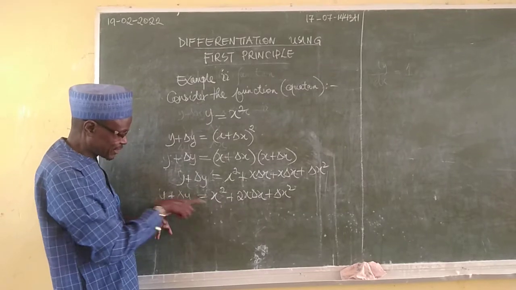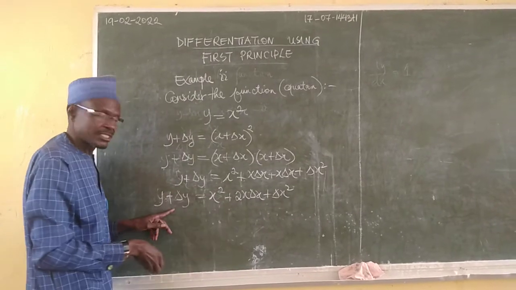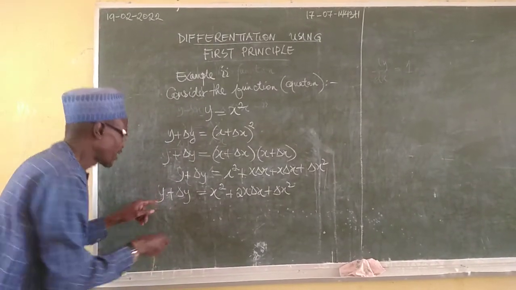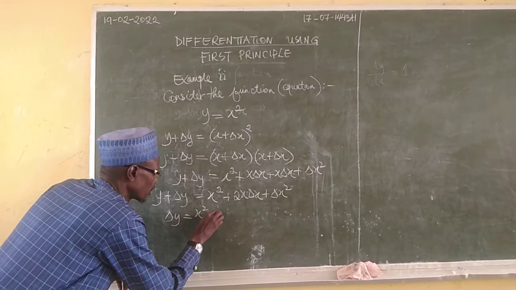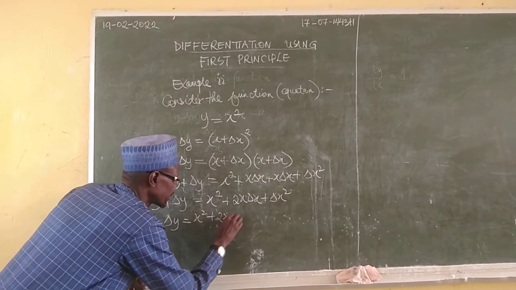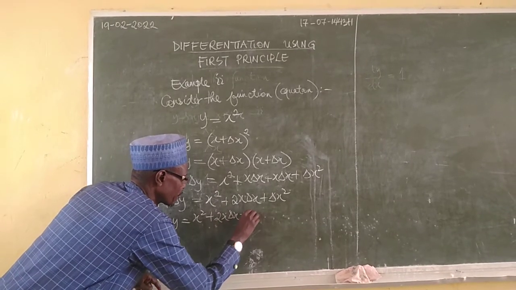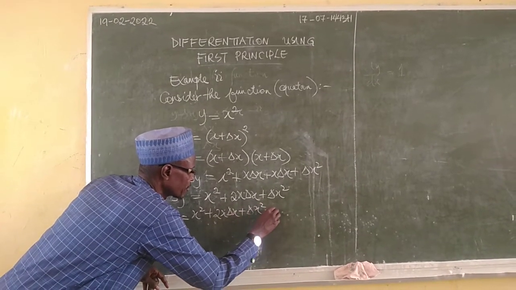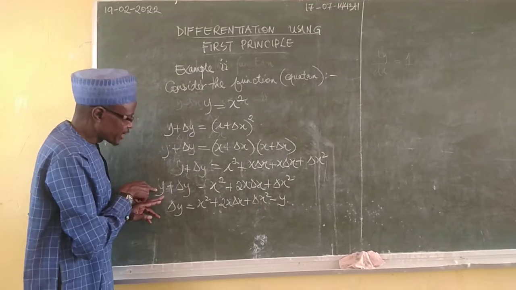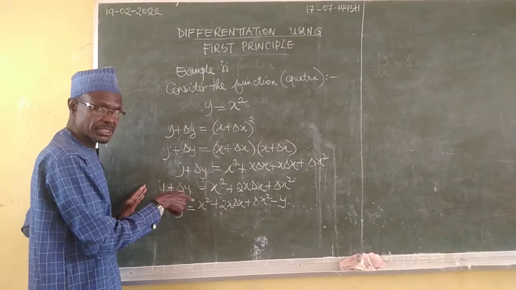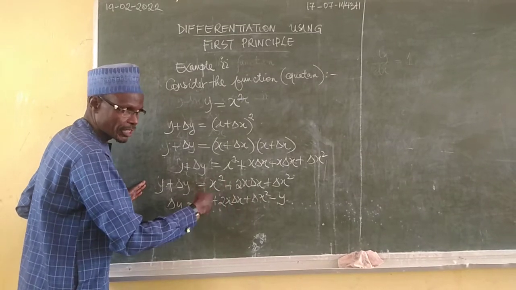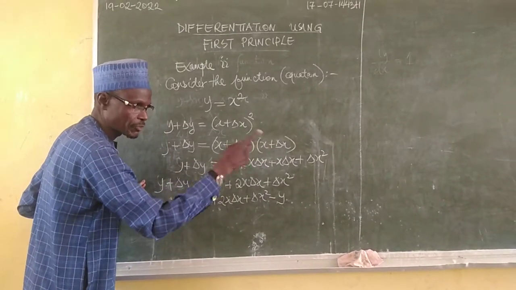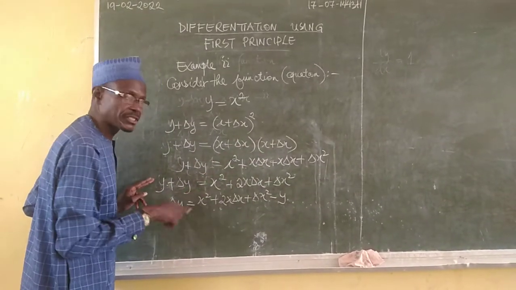So subtracting y from both sides, we have del y is equal to x squared plus 2x del x plus del x squared minus y. When y is moved from the left hand side to the right hand side of the equation, we know whenever we move a variable from one side to the other, automatically the sign changes.